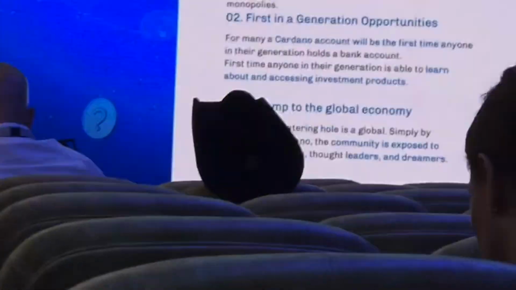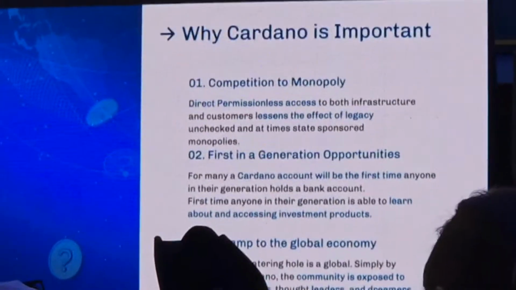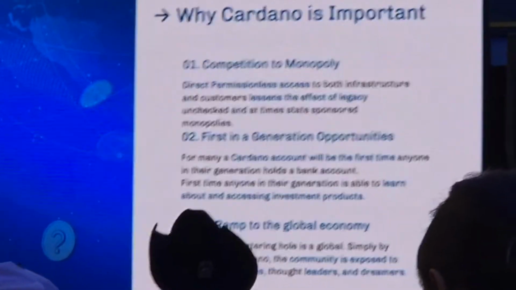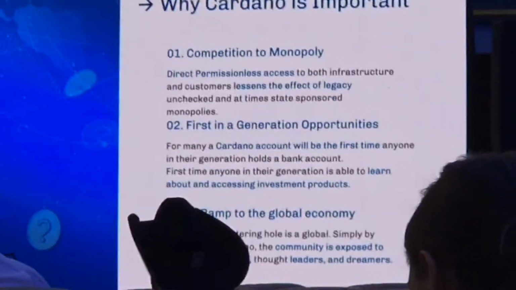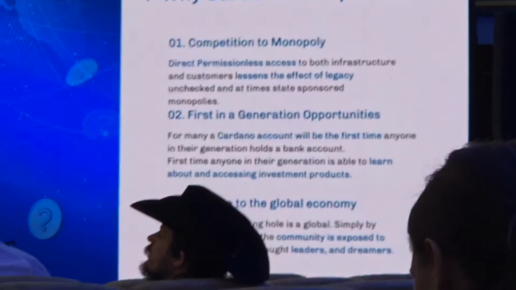Support for startups and young entrepreneurs is almost non-existent in many areas, and in others is stifled by legacy monopolies. The fact that Cardano is a permissionless global economy is an incredible alternative to these outdated local systems.